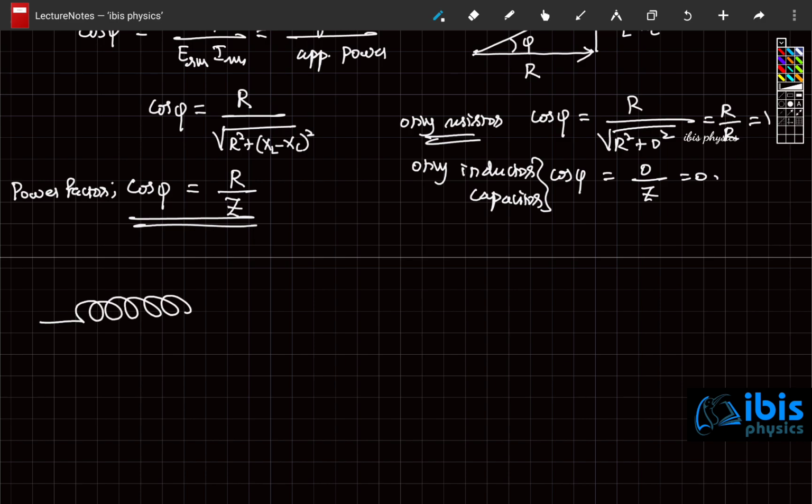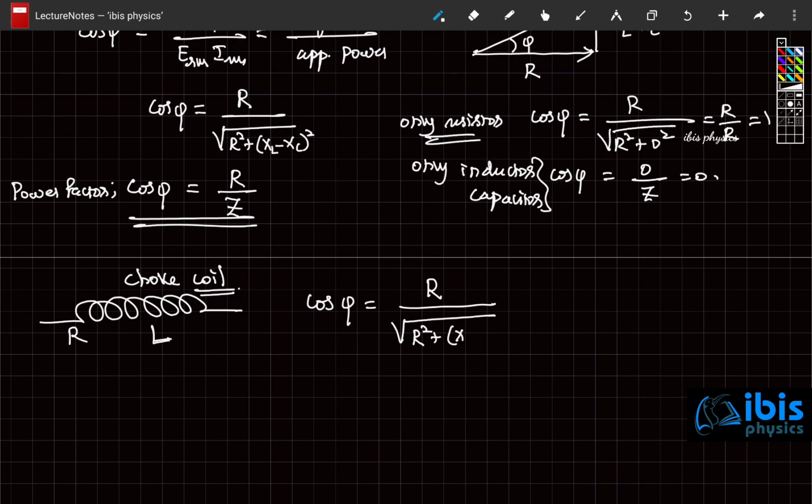Another thing, suppose you are using a choke coil. A choke coil should have only an inductor, but the choke coil is made of N turns, so it must have some resistance R. So in the case of a choke coil, the power factor cos phi is equal to the resistance of the choke coil divided by the square root of R square plus XL square, since XC is 0 for a choke coil.